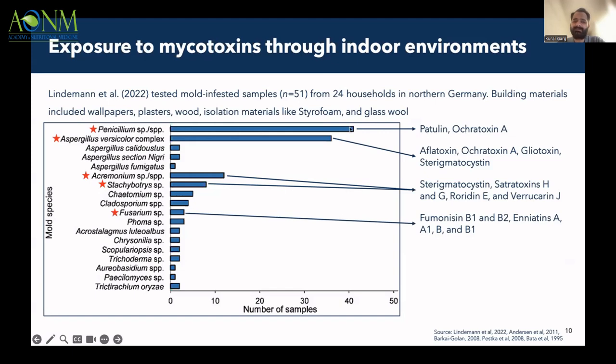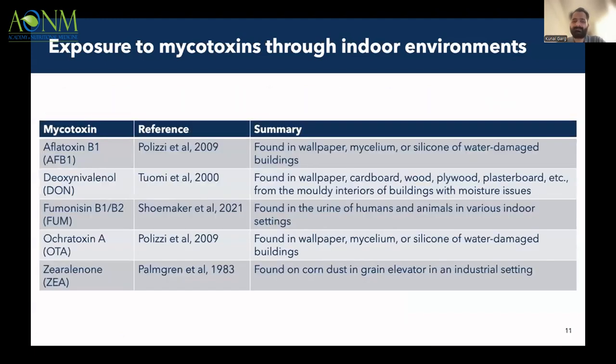For example, Penicillium produces patulin and ochratoxin, and the Aspergillus species versicolor produces aflatoxin precursors, ochratoxin, and gliotoxin. So it's really a roulette: depending on the mold species, which can be multiple, you get multiple mycotoxins, and the risk just keeps increasing.